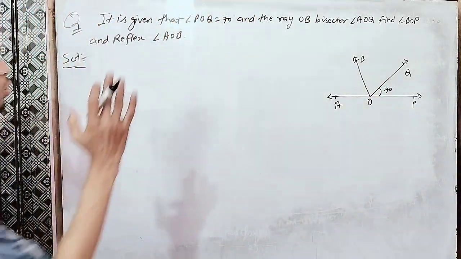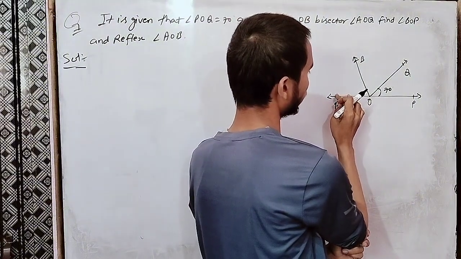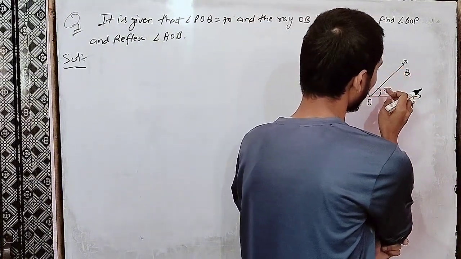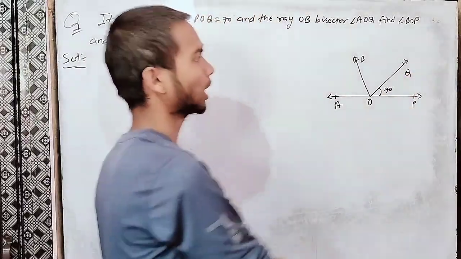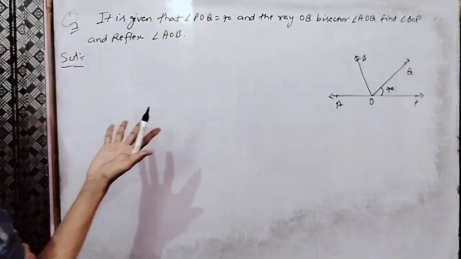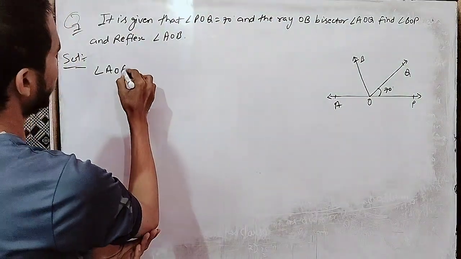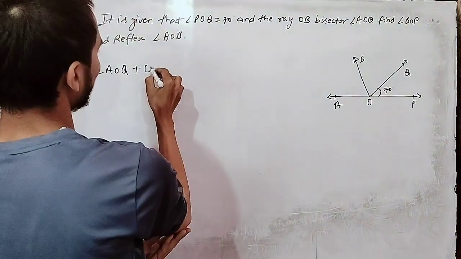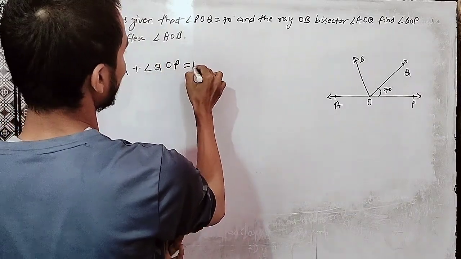So can you say the sum of angle AOQ and angle QOP is how much? 180 degree. Of course we can say angle AOQ and add, one second, angle QOP is how much? 180 degree.